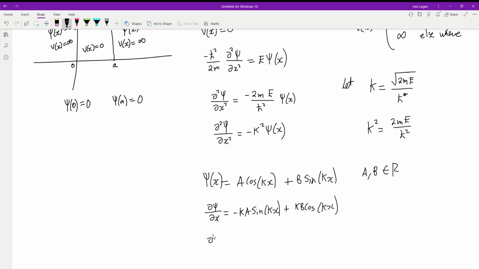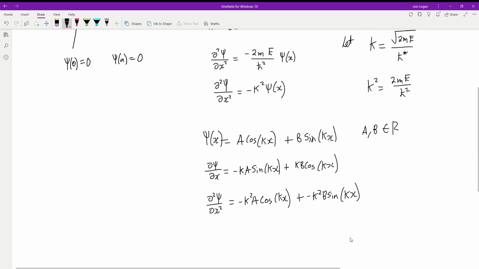Differentiate this whole thing again, so the second derivative of the wave function with respect to position: negative k squared a cos of kx, plus negative k squared b sine of kx.